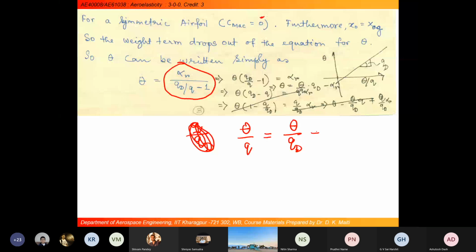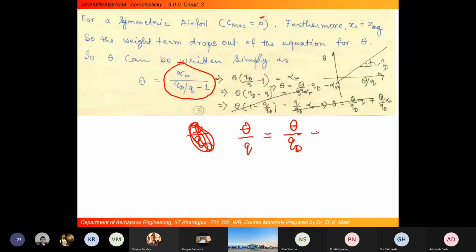Let me just show you the derivation once again. So it is theta multiplied by qd by q minus 1. This is equal to alpha r.